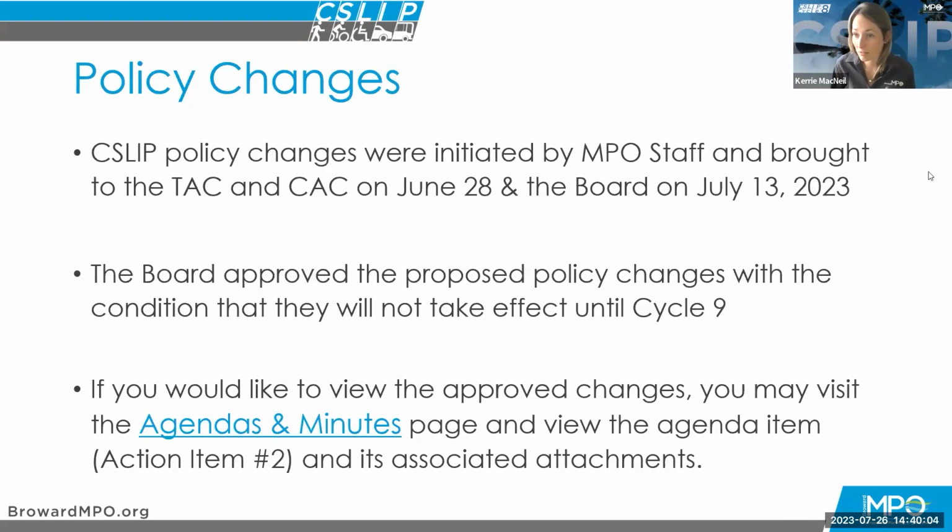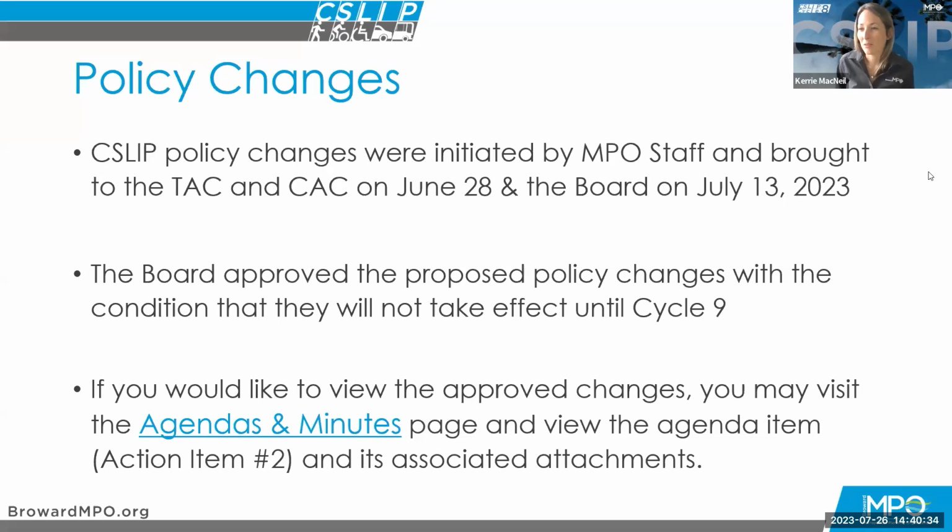Then we got some feedback and recommendations from both, and taking that feedback into account, we brought the policy changes to our board on July 13th. The board voted to approve the proposed policy changes with the condition that they will not take effect until cycle 9 of CSLIP. So again, those changes were approved, but they will not take effect until cycle 9.